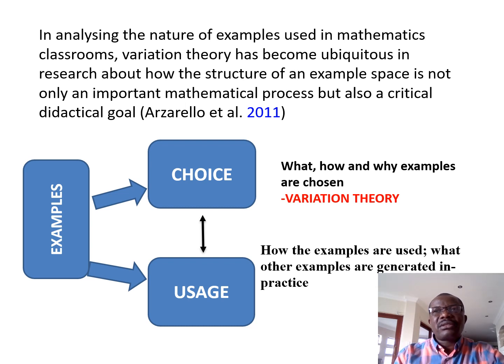And so I decided to look at that framework to think about how I can use that to guide me in what I do in my pre-service teacher education classrooms.